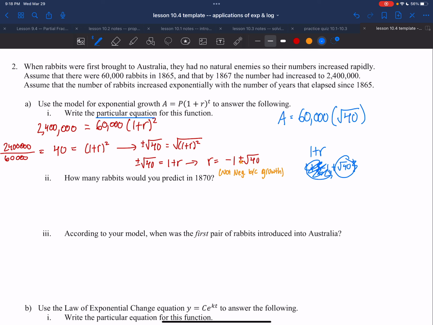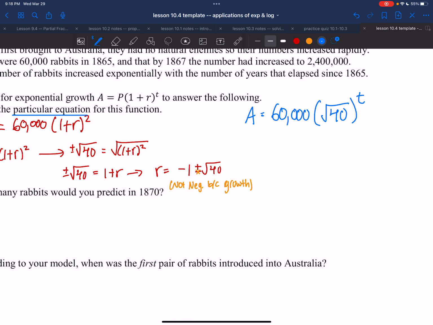And then this is raised to the power of time, t. Okay? And if you want, you could express that as 2 root 10 as well. Should we do 2 root 10 or should we leave it as root 40? I suppose I've told you we always want to simplify, so I guess we can write either.